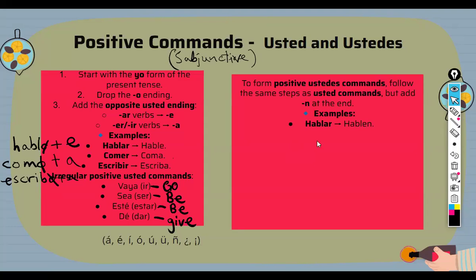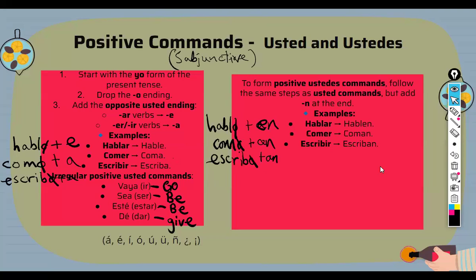So we take hablo, cross out the O, and we add en. We take comer, como, cross out the O, and we add an. Escribir, it would be escribo, the yo form, cross out the O, and we add the opposite ending, an. So we get coman, escriban, right?